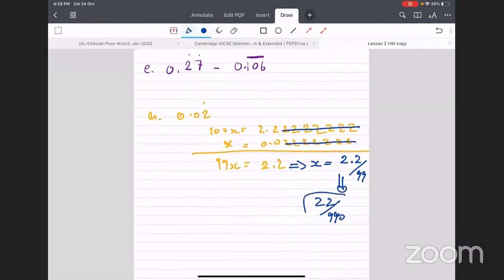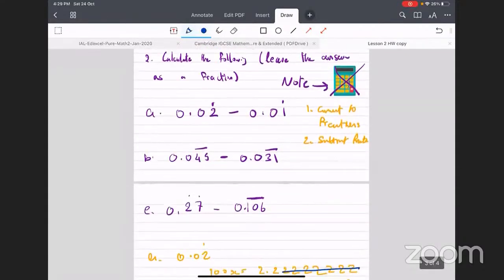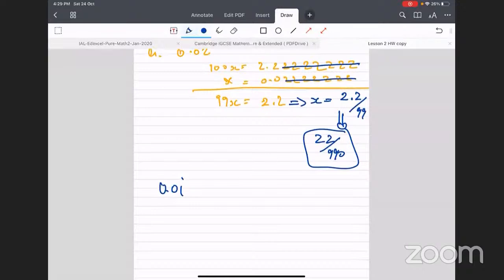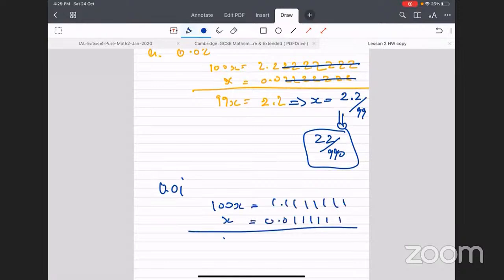Then 0.01 recurring, 100x, I'll solve it very quickly. 99x would be equal to 1.1, x would be equal to 11 over 990.